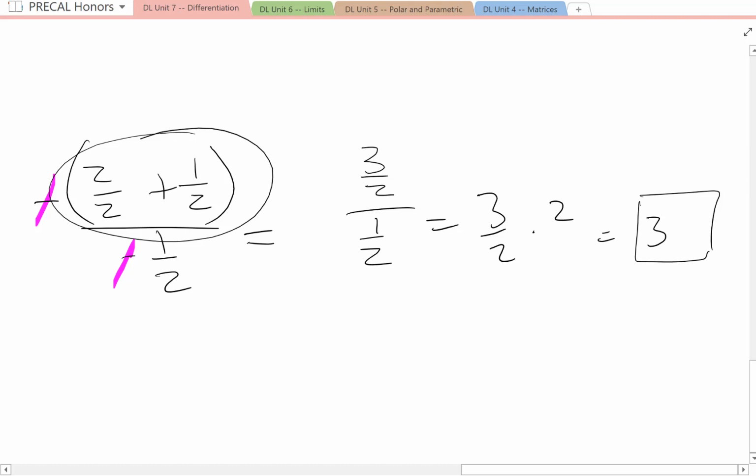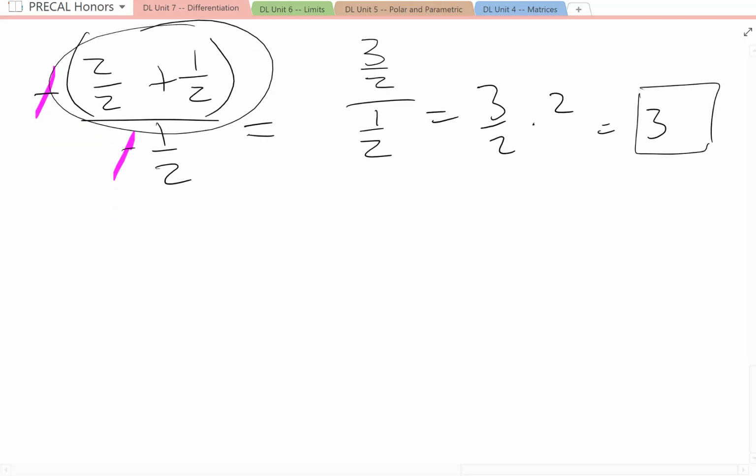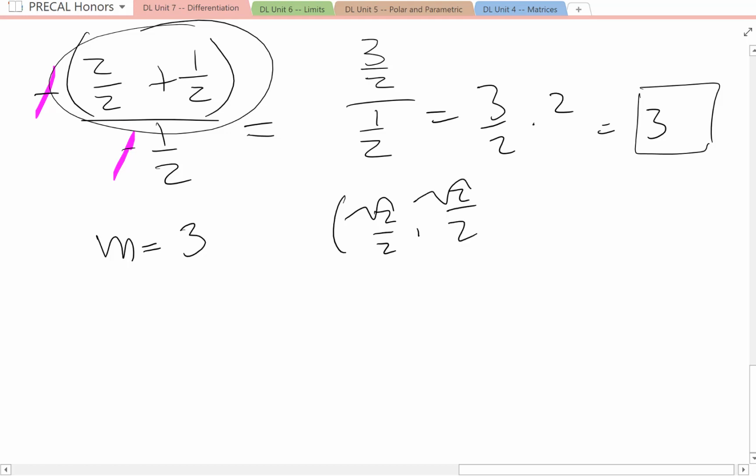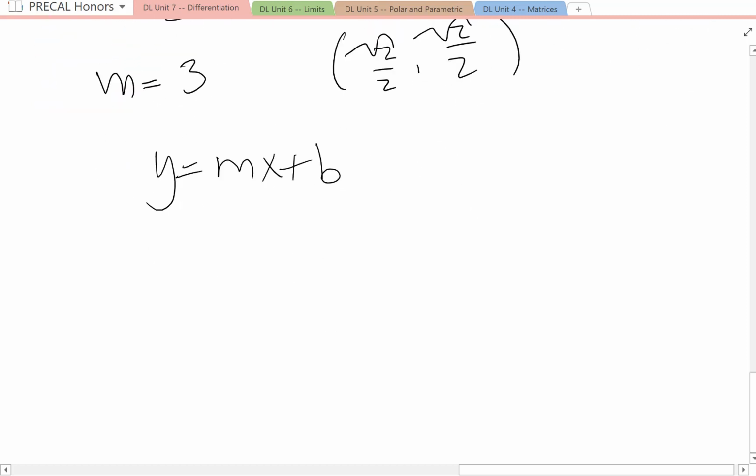We still need to find the equation of the tangent line. So the slope is 3, and the point is root 2 over 2, root 2 over 2. So plug that into y equals mx plus b and solve for b. So root 2 over 2 is equal to the slope, 3, times root 2 over 2 plus b.